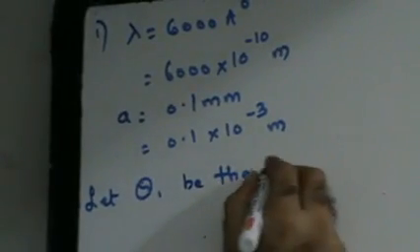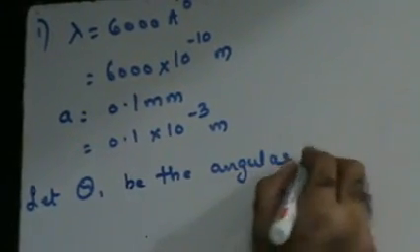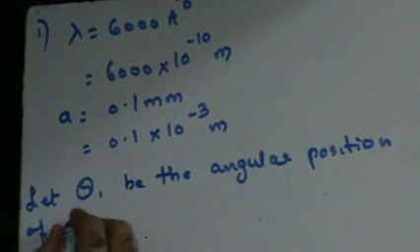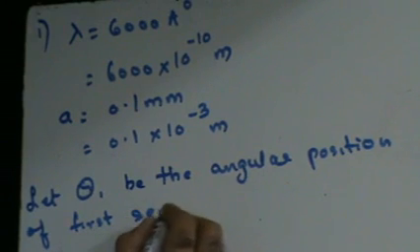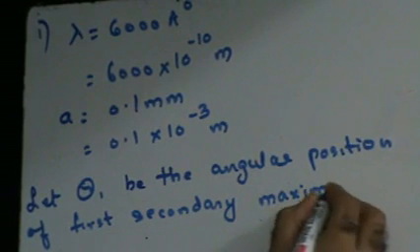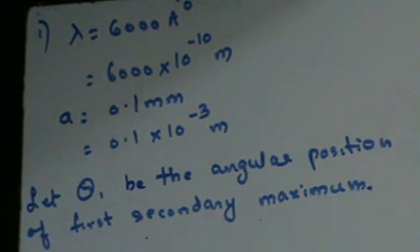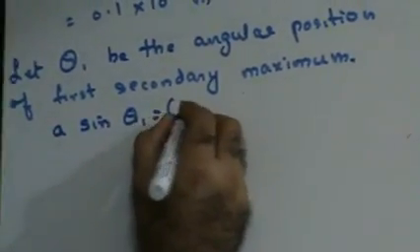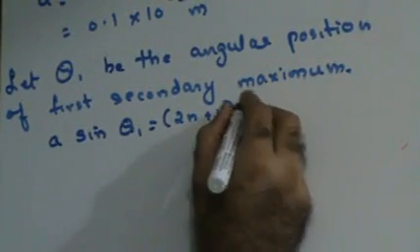Now let's assume that theta 1 is the angular position of the first secondary maximum. How do you get a maxima for a diffraction pattern? A maxima for diffraction pattern is given by the formula a sin theta 1 is (2n plus 1) lambda by 2.